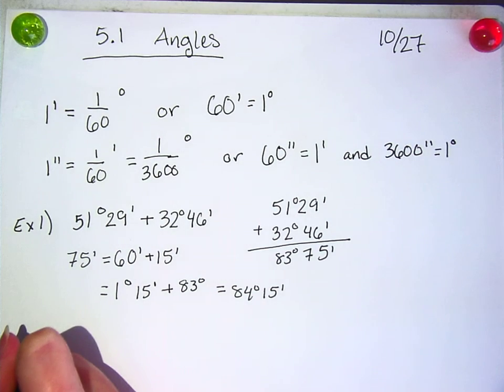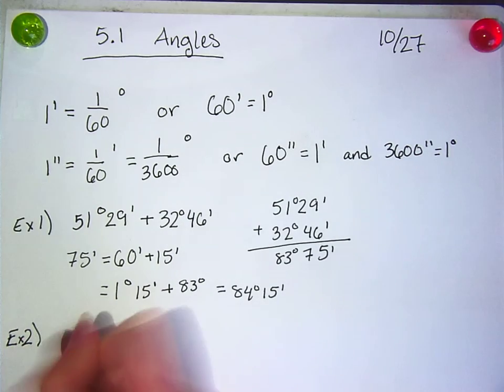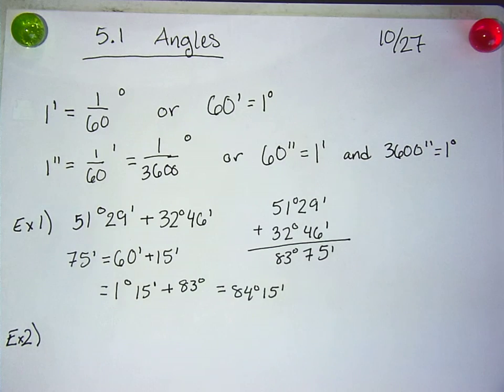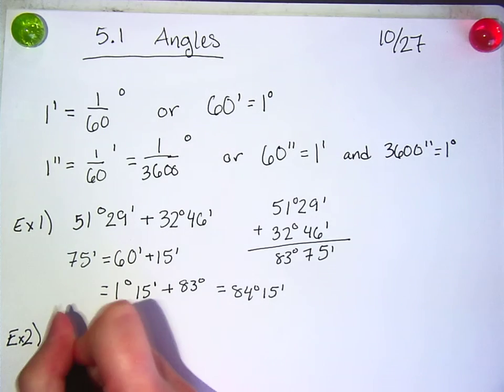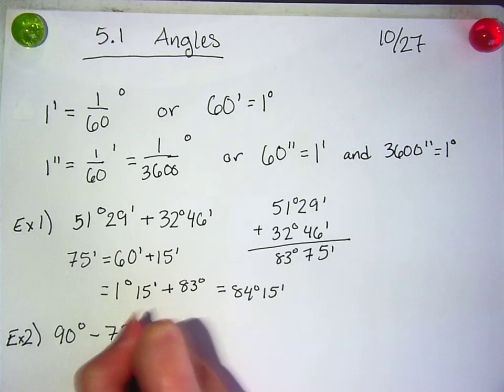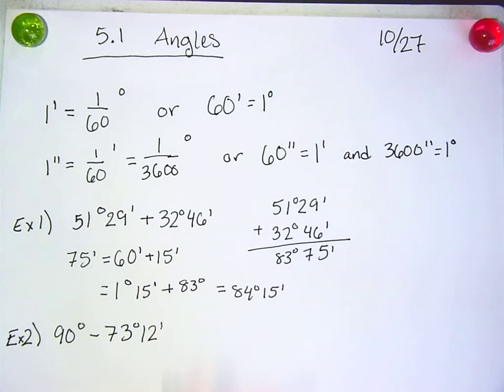It's not going to be addition this time though. It's 90 degrees minus 73 degrees and 12 minutes. Work with your poster partners to solve, or at least confer with.